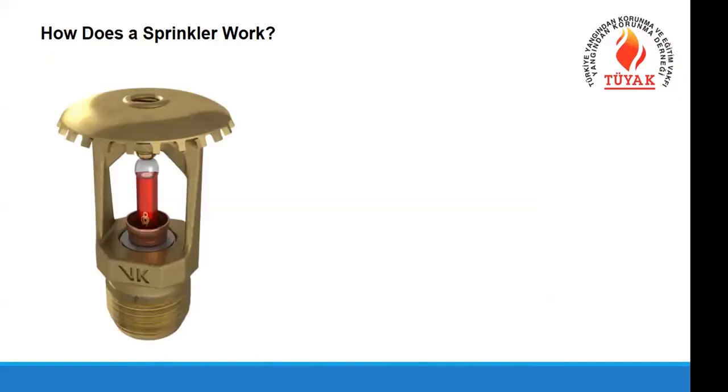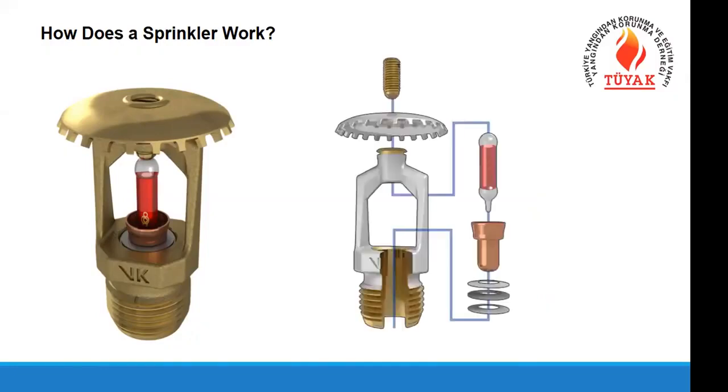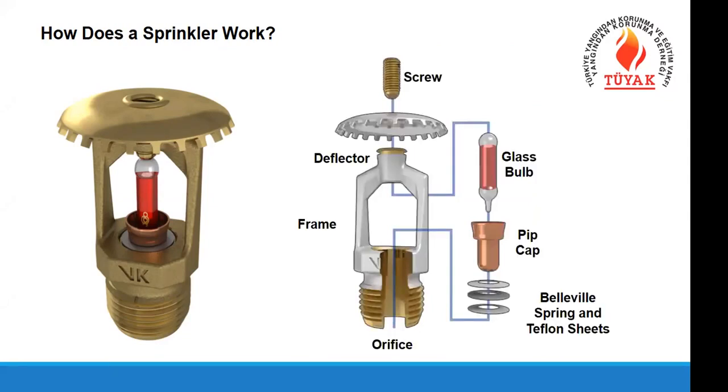So when we look at a fire sprinkler, it looks like a single part, but it's composed of many items. It has different parts to make it a complete actuating device.